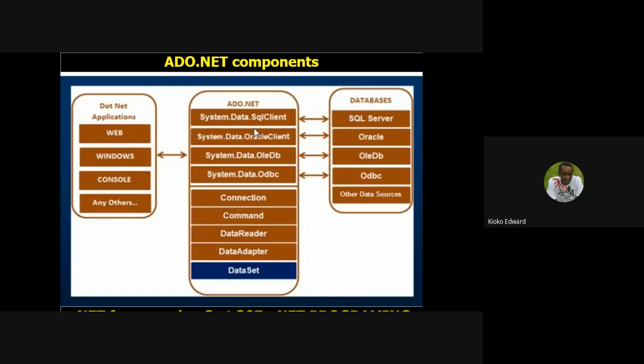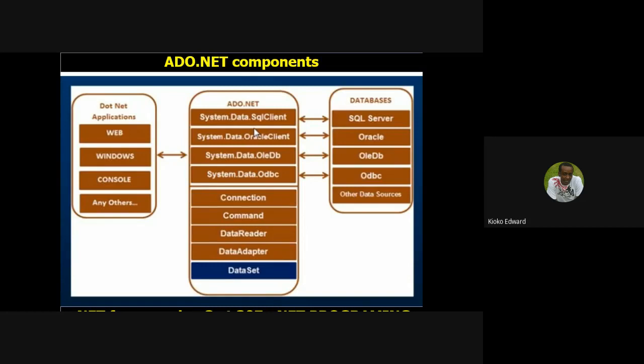Again, this is something we'll be able to look at. And if we get time, I'll show you how we can use a data adapter in our project. Then we look at what we call the data set. A data set will simply be a cache of the records we have in the database.